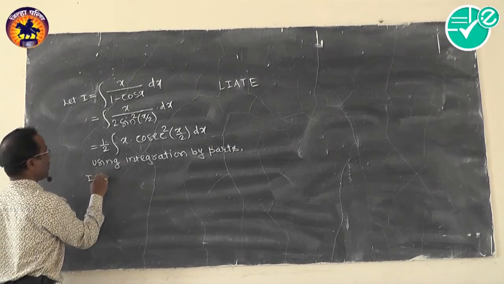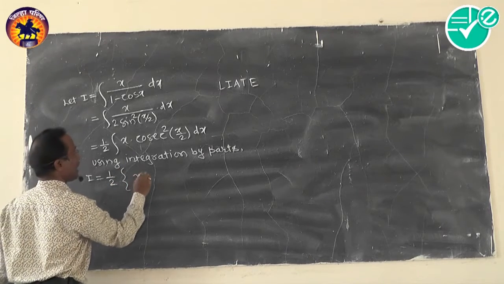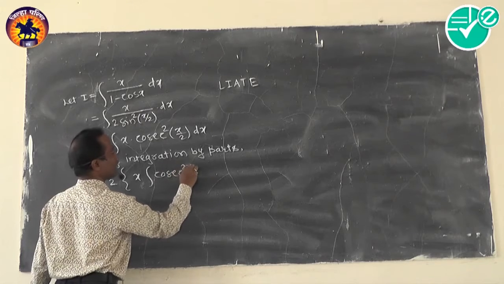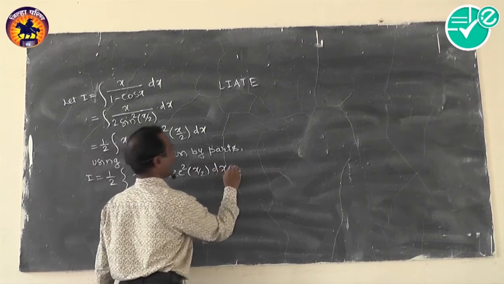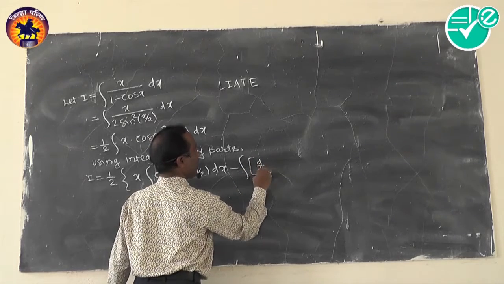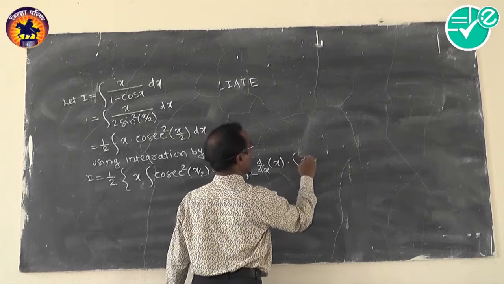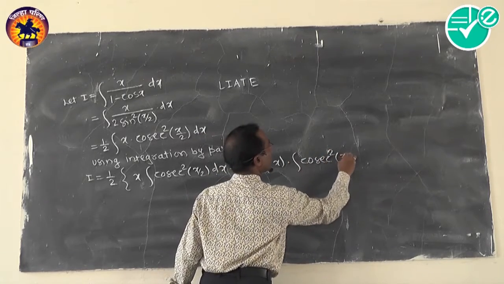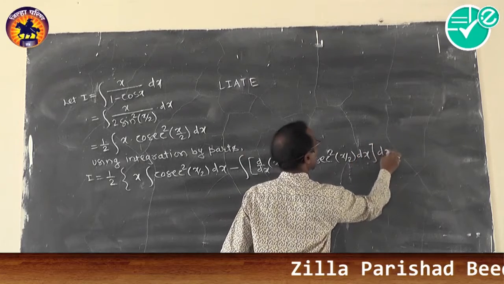First as it is, integral of second, cosec square x by 2 dx, minus derivative of first, d by dx of x, into integral of second, dx.